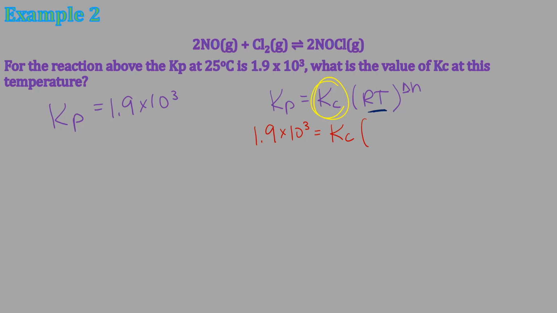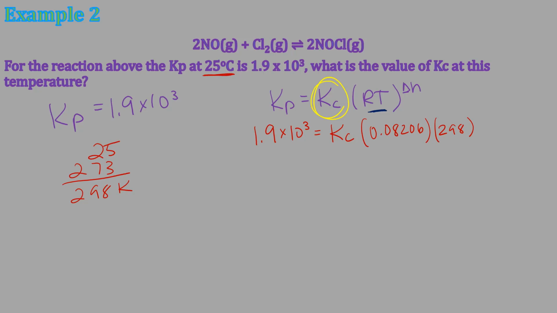And then the R that we use is 0.08206, and my T has to be in Kelvin, and right now it's in Celsius. So to get to Kelvin, you take 273 and you add it to 25, and so that's 298. So we have 298 Kelvin, and then my delta n.